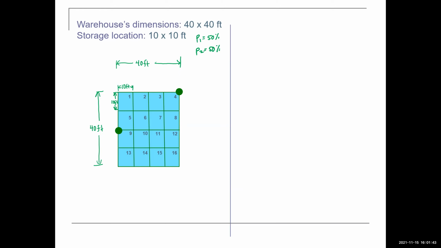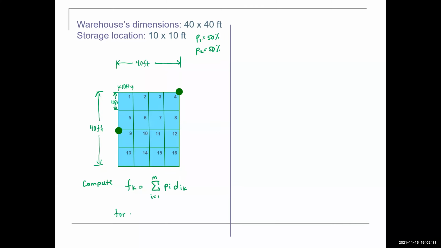So we are going to compute Fk, which is going to be equal to the summation i equals 1 up to m of pi dik. And this is for all possible locations.